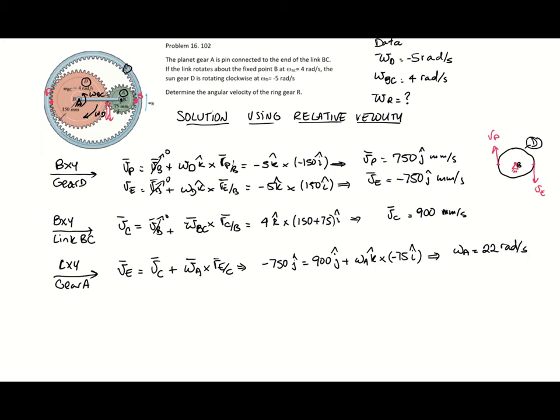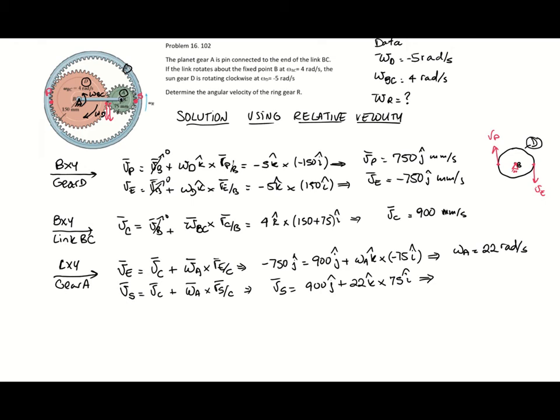With the angular velocity of that gear, using the same coordinate system, we will find the velocity of S, which equals the linear velocity of C, which is known, plus angular velocity of A cross the distance from S relative to C. So the velocity of S equals velocity of C plus 22 in k cross 75 in i.